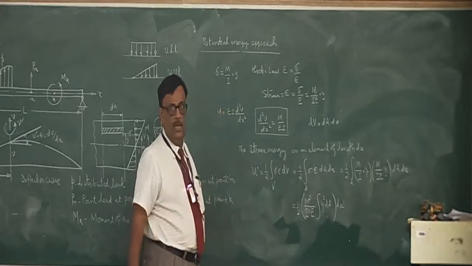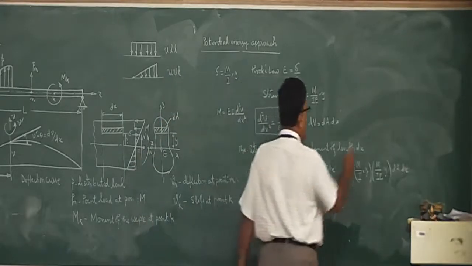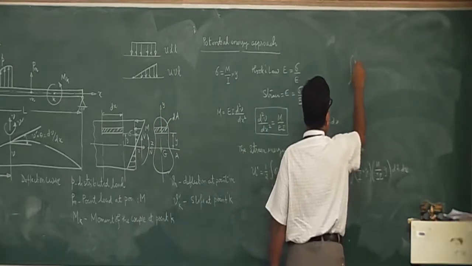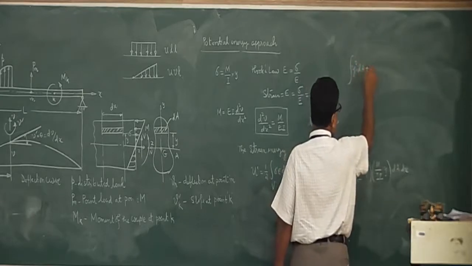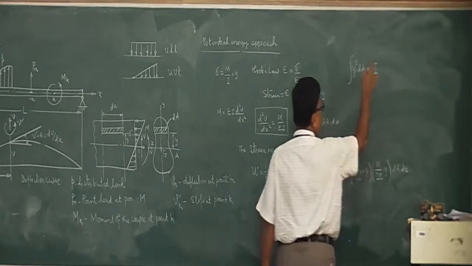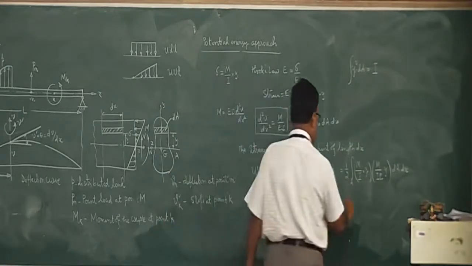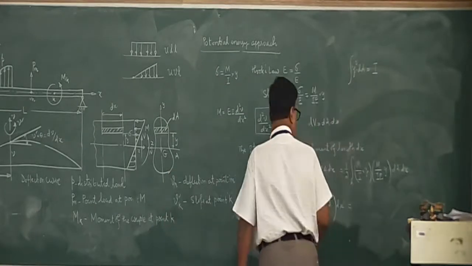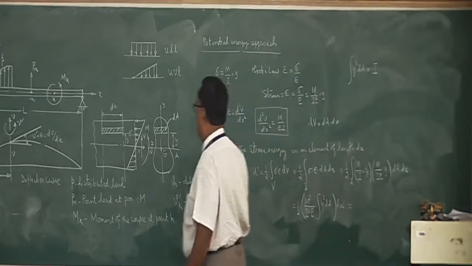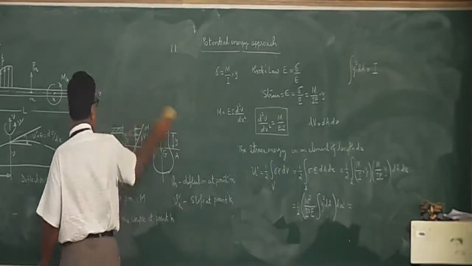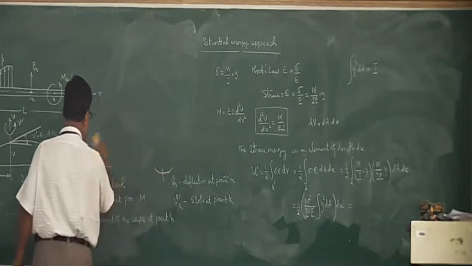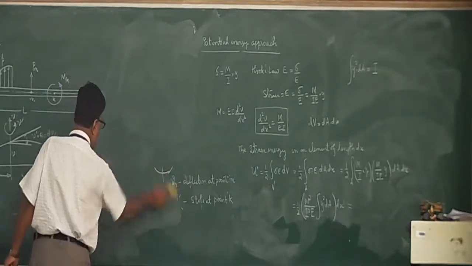From applied mechanics, you already know that integration of Y square into dA, moment of area, is nothing but the moment of inertia I only. So therefore, when I substitute here, you can definitely come back to this, because this expression is already over. So I can directly use this derivation part at this point.